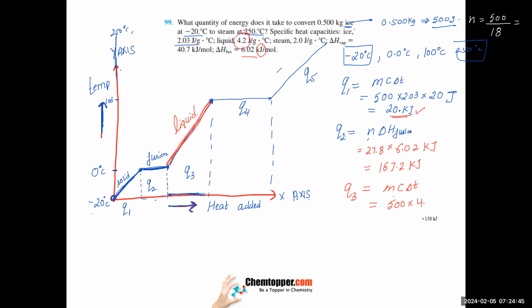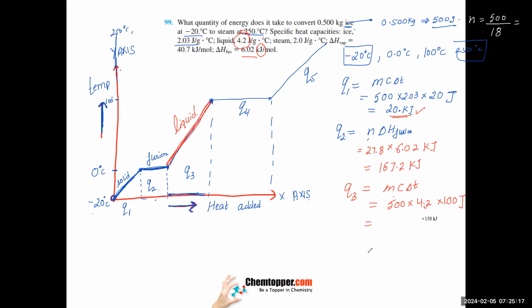Here they have given 4.2. What is delta T? Delta T, children? Very good, Sarayu. What is delta T? Ashita, delta T? Yes, 100. And answer will be in joules because this is 4.2 joules. Convert that into kilojoules and what's the answer?